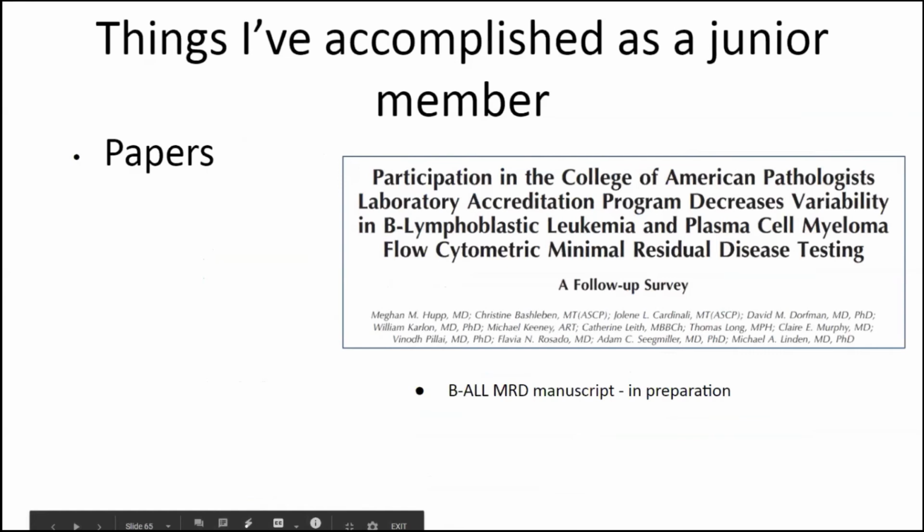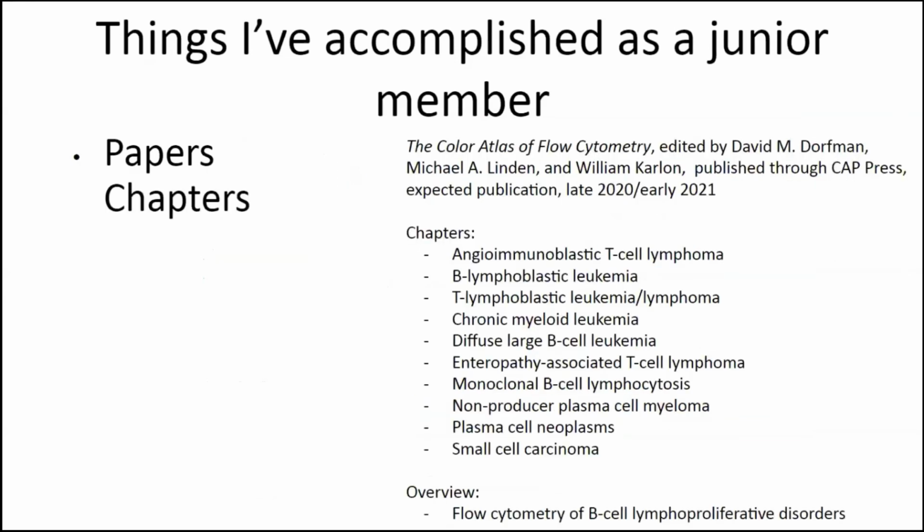We are working on our B-ALL MRD manuscript. I've written several chapters of a book that will come out late this year or early next year, The Color Atlas of Flow Cytometry, to be published through CAP Press, edited by Drs. Dorfman, Linden, and Carlin.